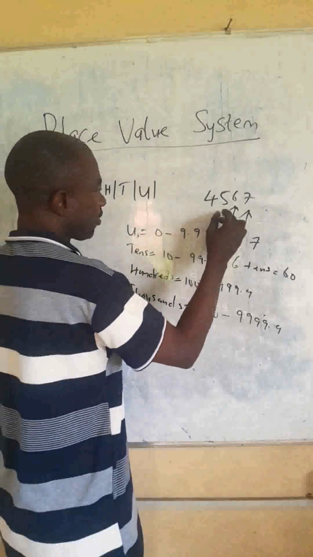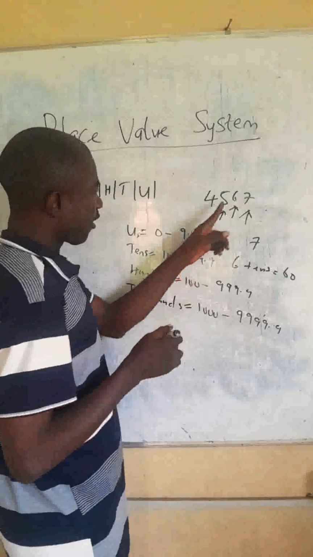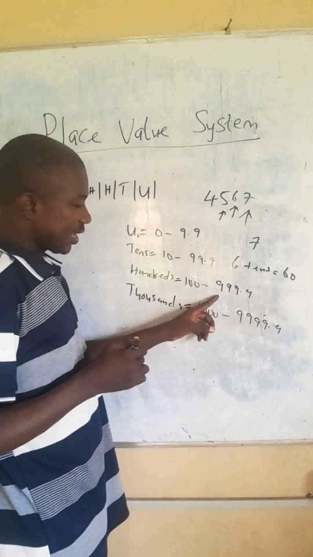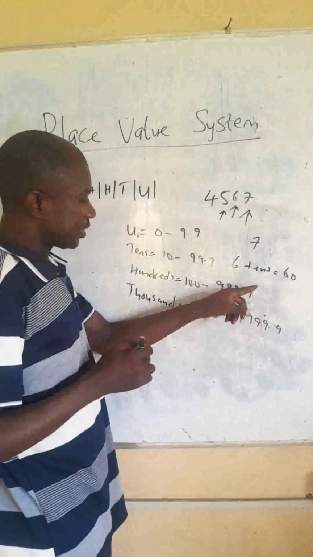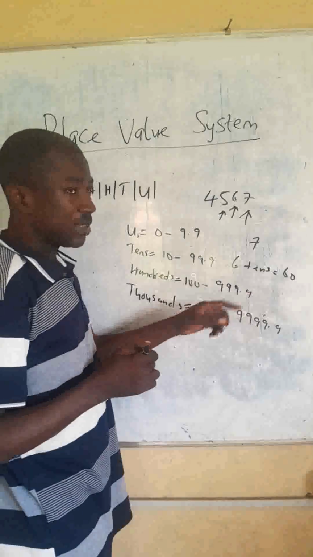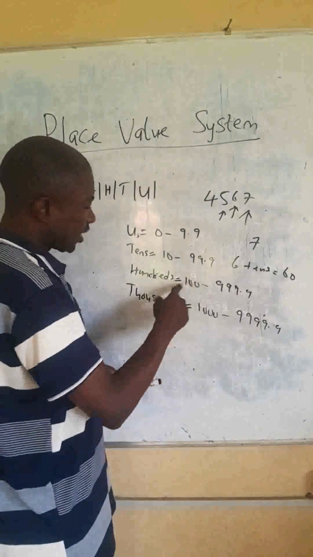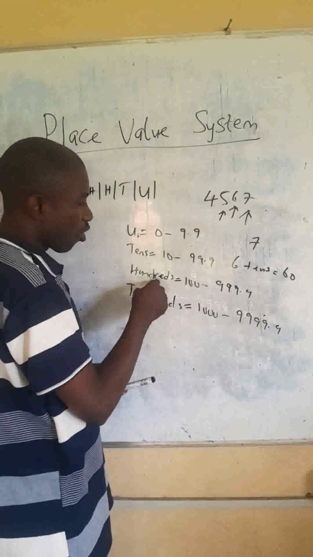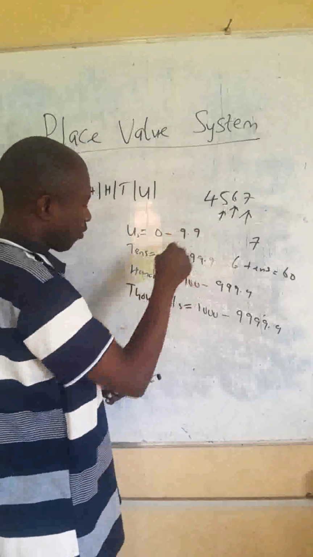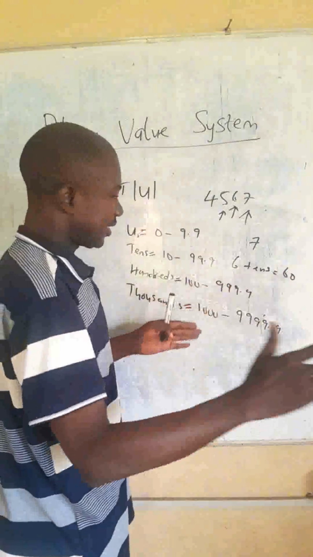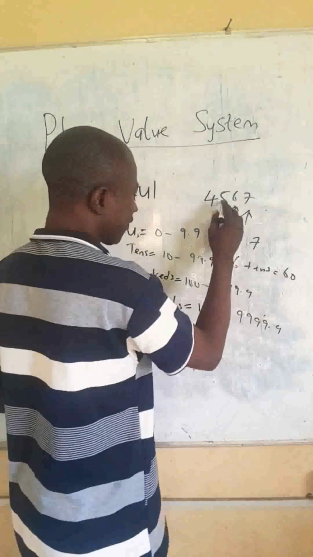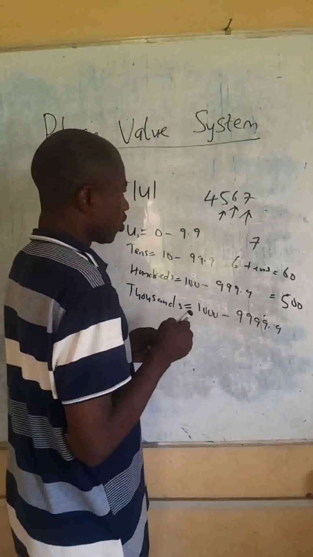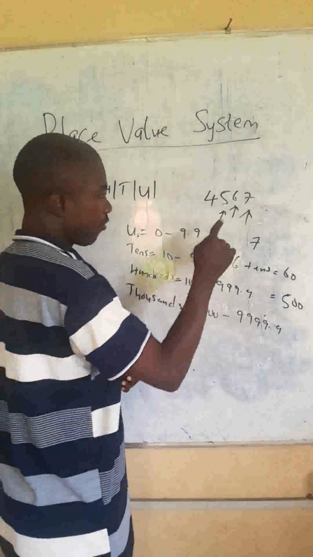Now let's take the one of 5. Where 5 is placed is between 100 and 999.9. It's in the hundreds. So here it's going to be 500. So the value of this 5 here is equal to what? 500, because it's placed under 100.